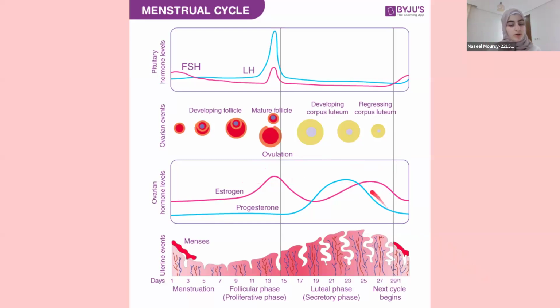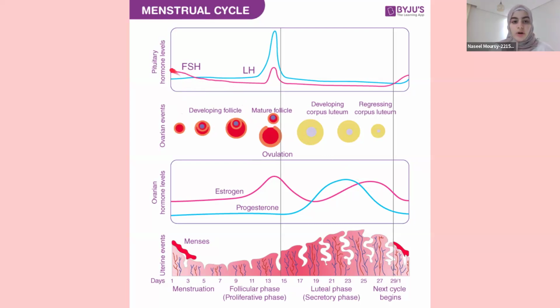Because they go down, you remove that feedback inhibition on the anterior pituitary. So what happens to FSH and LH? They start getting secreted. So go up here to the pituitary hormones and you see FSH going up. Now, FSH stands for follicle stimulating hormone, meaning that it will stimulate some follicles to start maturing. And so that's why we start getting follicles developing here.